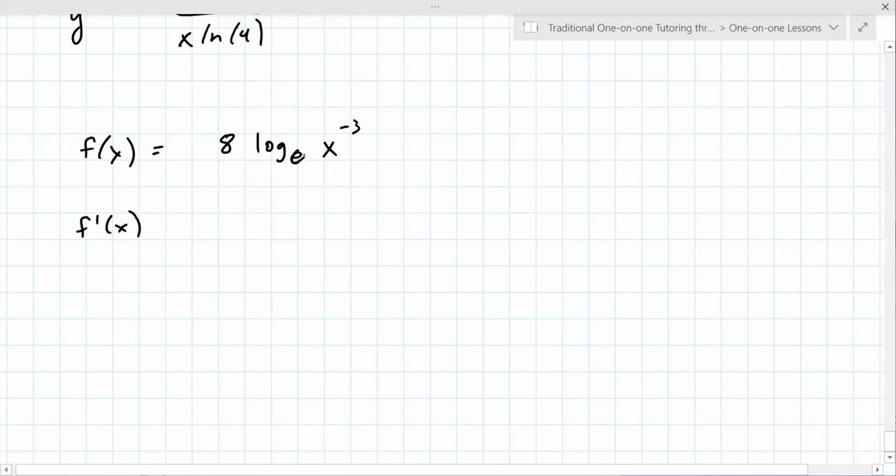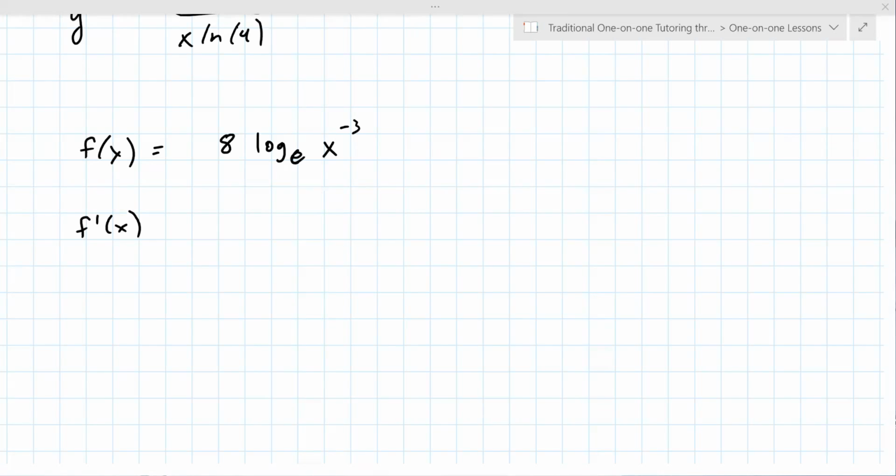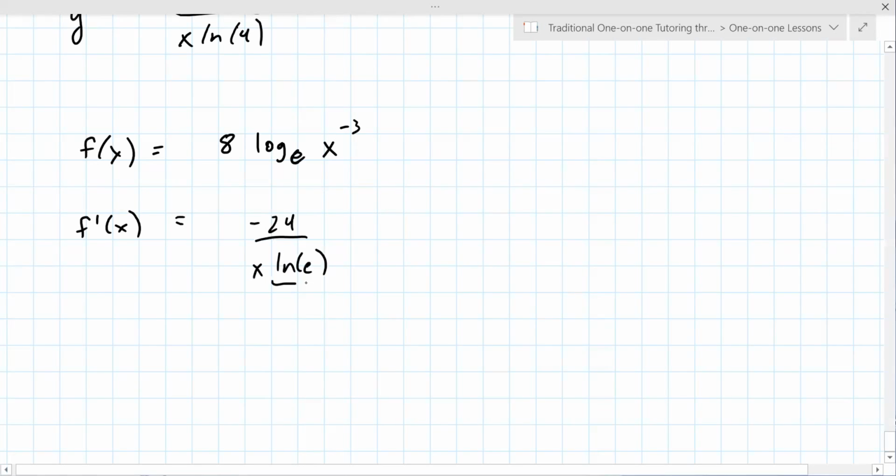Base e. Okay, I got negative 24 over x ln of e, and e equals 1.